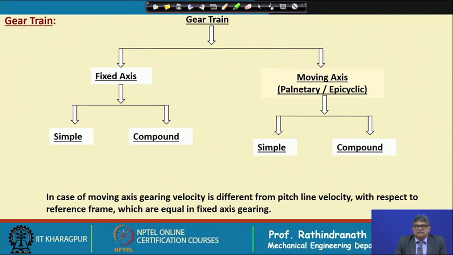This means that while we are designing the gears in planetary drives, to find out the pitch line velocity of gears, we have to consider the actual gearing motion in between. In epicyclic gear, there is a coupling motion as well as gearing motion. So, we have to separate our gearing motion to calculate the pitch line velocity.